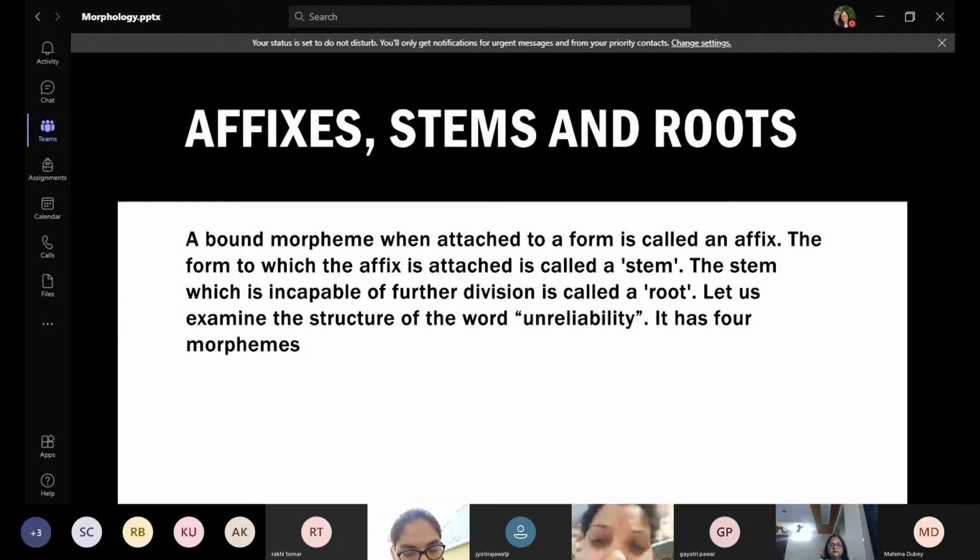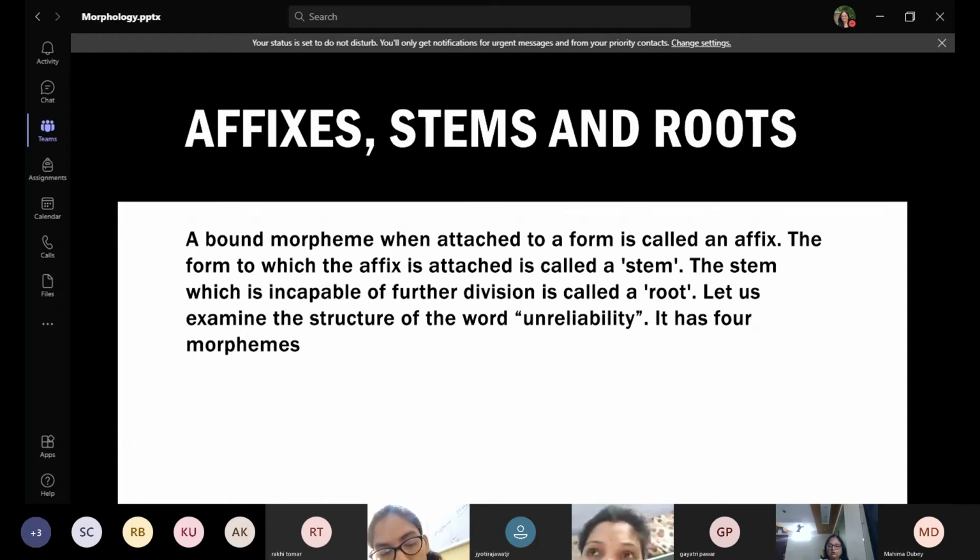Right? The stem which is incapable of further division is called root. Singing. Sing is the root. Ing is the affix which is exactly suffix attached to it. Unbreakable.